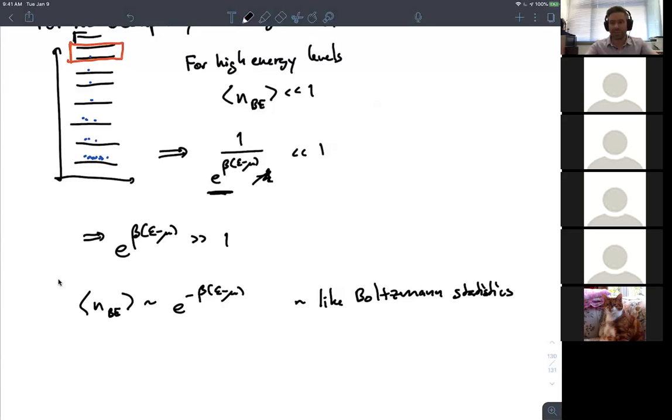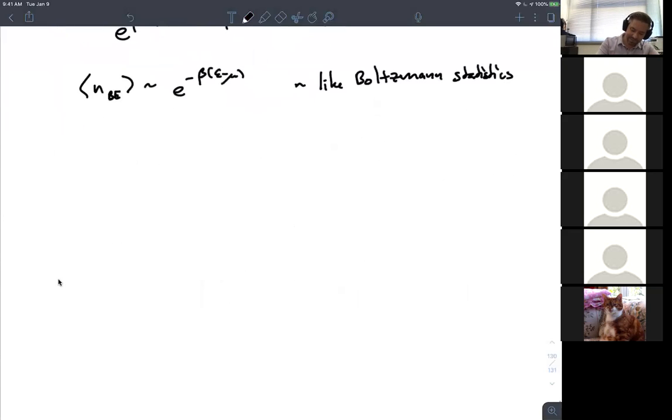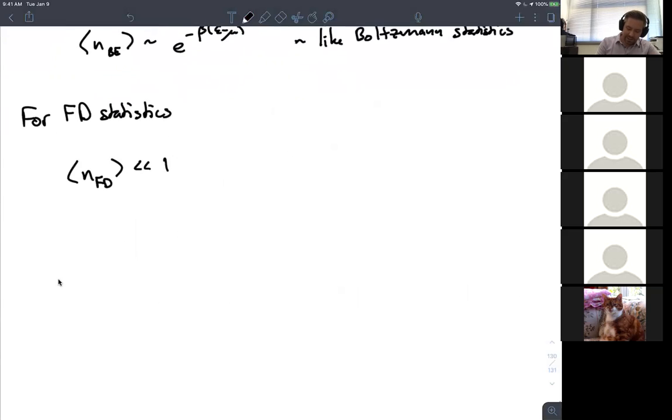Now let's make the same argument for the Fermi-Dirac distribution. For FD statistics, if we look at the high energy levels where the occupancy is going to be low, this is equal to 1 over e to the beta epsilon minus mu, plus 1.